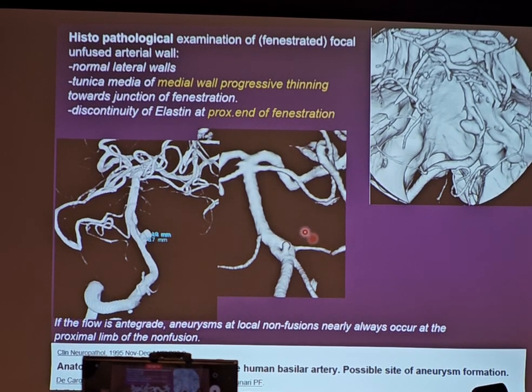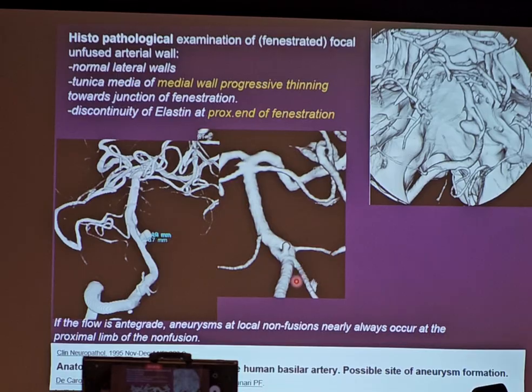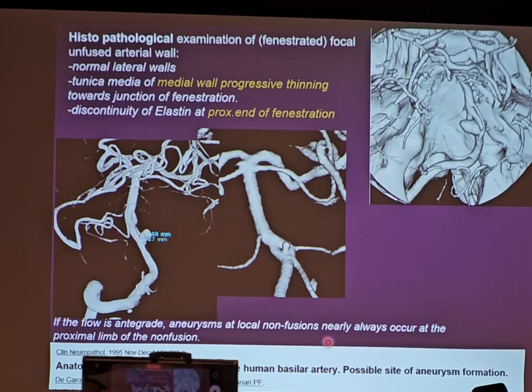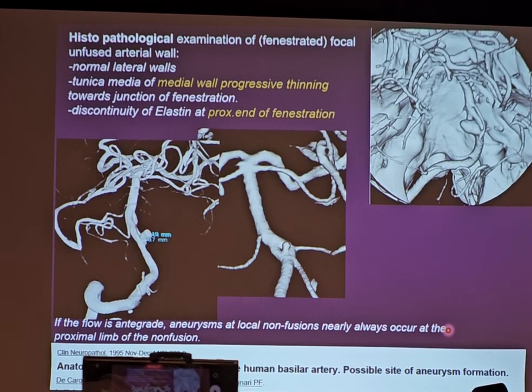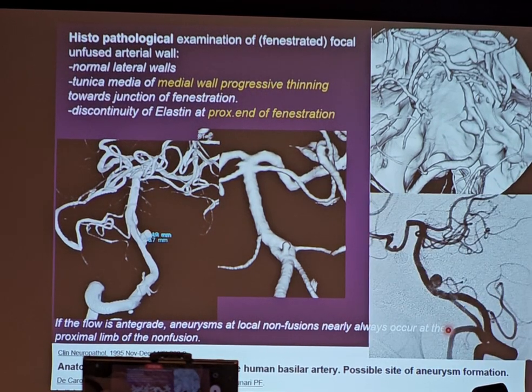So for sure, when you look at this shape of fenestration, which is actually a segmental unfused part of the artery, you can find an aneurysm as the weak point, and usually it occurs at the base, the proximal limb of the non-fusion segment, not hanging down from the upper limb. So go back to your aneurysm locations, and you can see that it is classically seen like that.